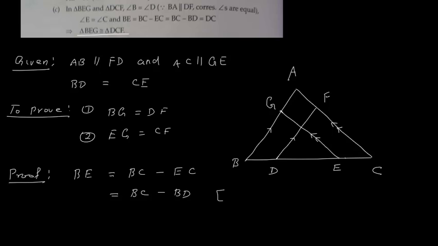You can write reason since BD is equal to EC. So if I subtract BD from this BC, I will get DC. So here we will get DC. Okay, so I will consider this as equation 1. BE, therefore you have BE equal to DC.